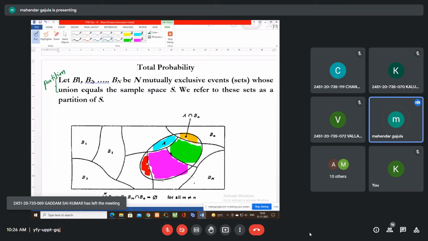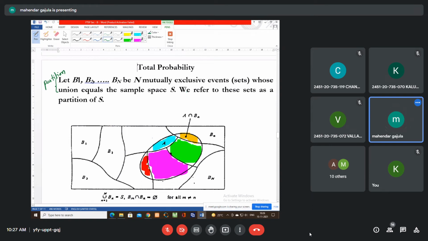All the events should be mutually exclusive. That's the first condition. The second condition is if you unite all those events, that gives us the sample space. So whenever there is a partition, we have to use this total probability.